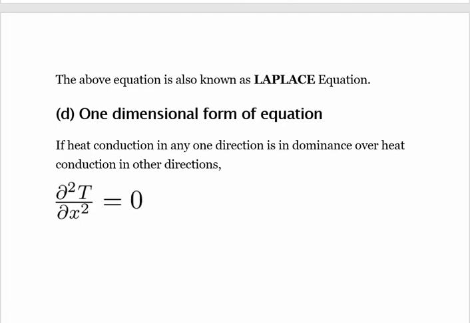Right now we are taking the example of the x direction. It means the y and z direction values are minor compared to the heat produced in the x direction. That's why we neglect the y and z directions and show the values of the x direction.